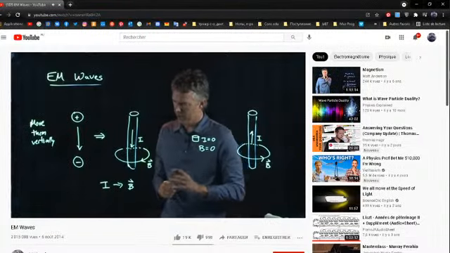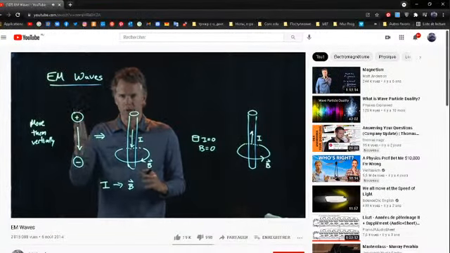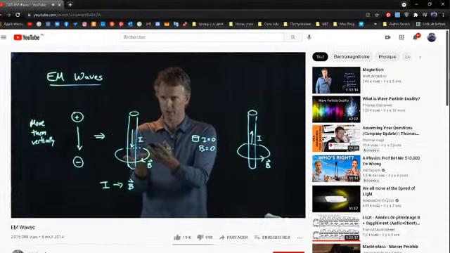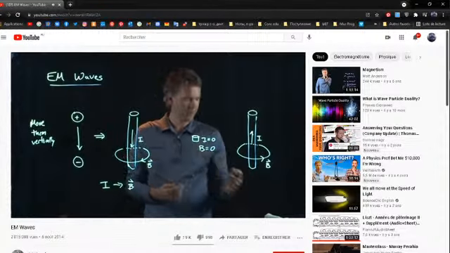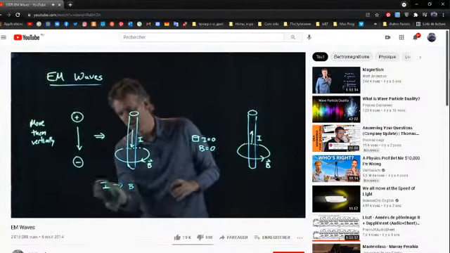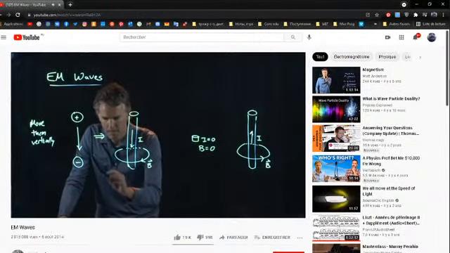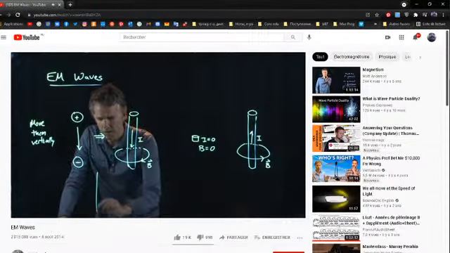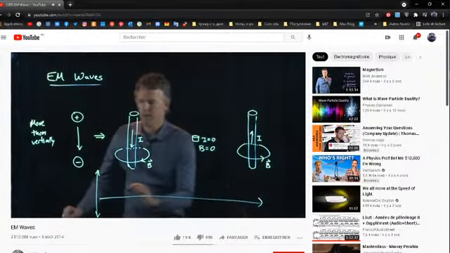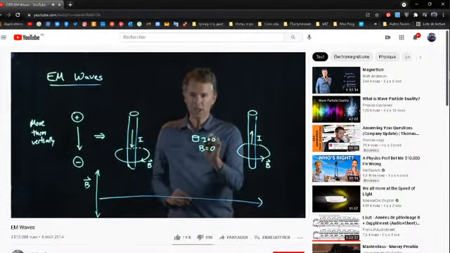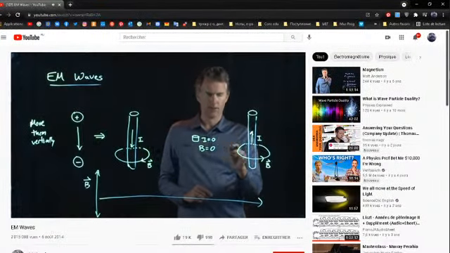Okay. So, the charge just went up and down. We developed an E that oscillated in time, but now we have a current that's going up and down, and we're going to develop a B that oscillates in time. And so if we draw B as a function of time, it is going into and out of the screen.